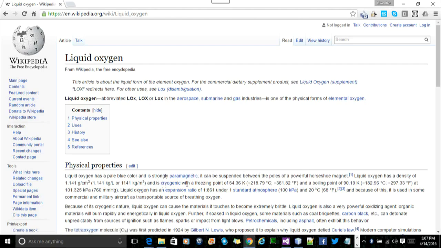Okay, so let's see. Cryogenics is this freezing point. Boils. Okay, boiling point. This is usually the point where they condense liquid gases. So it's negative 297 degrees Fahrenheit.